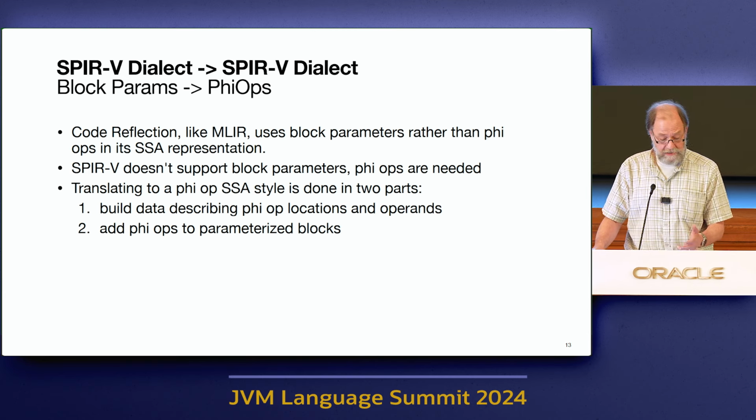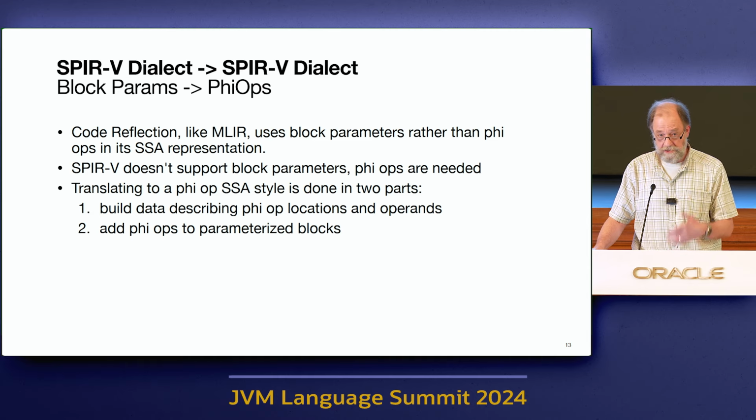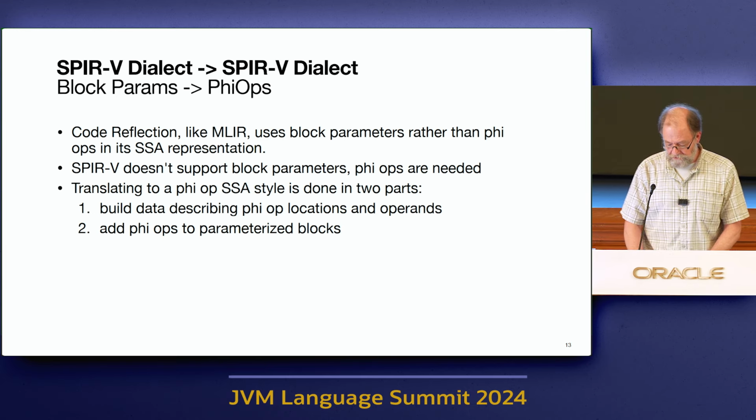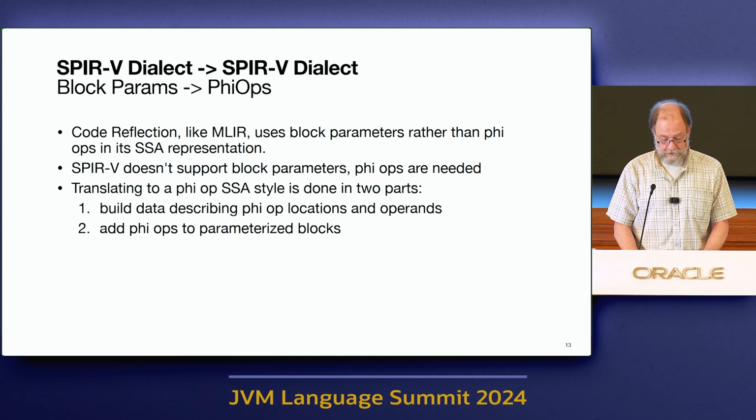In the implementation of this, it's done in a couple of phases. The first one just analyzes the existing incoming SPIR-V model and builds some data describing where the PHI ops have to go and what their operands will be. And then we walk through the code in a transformation to simply add the PHI ops.